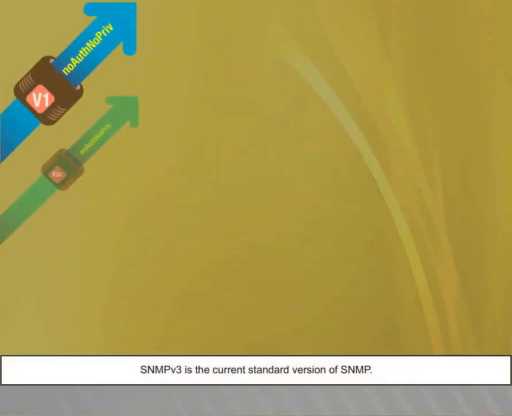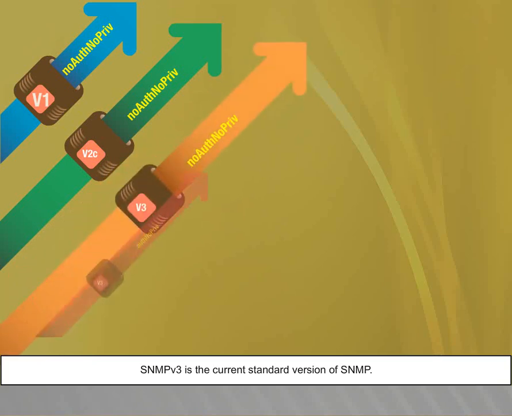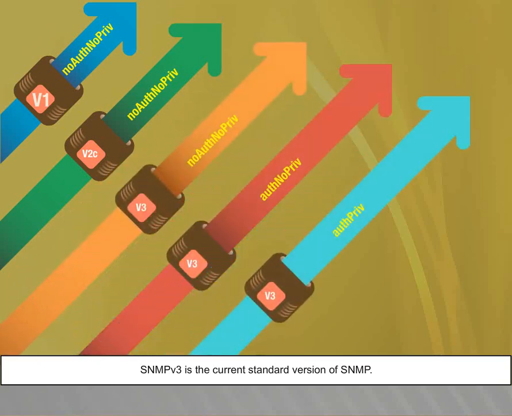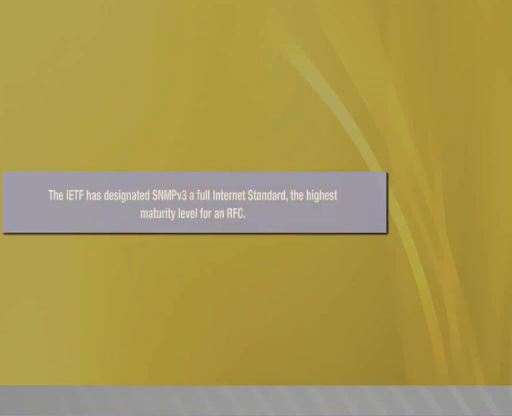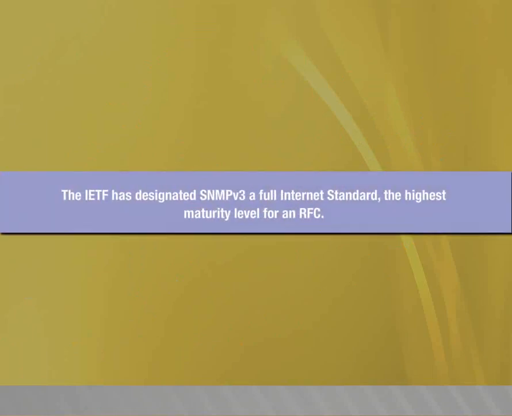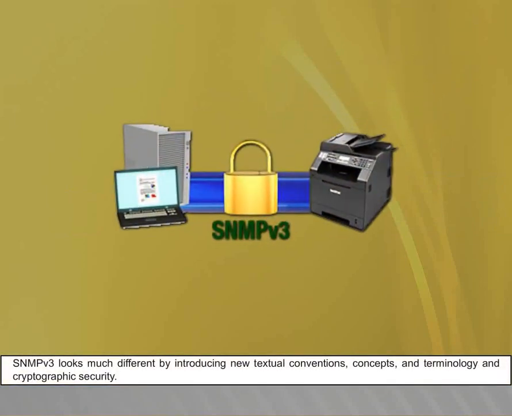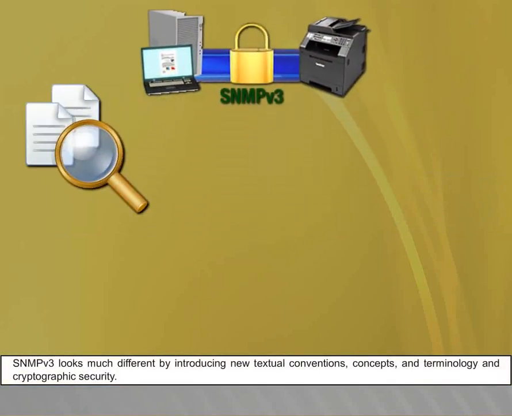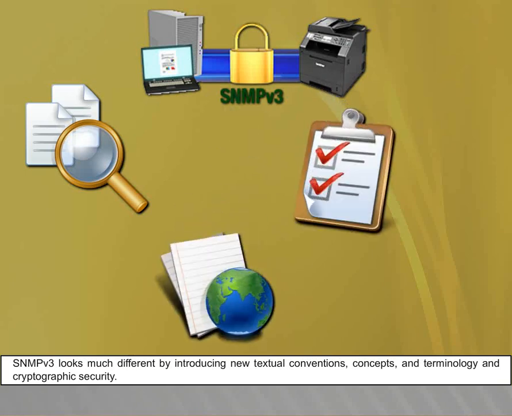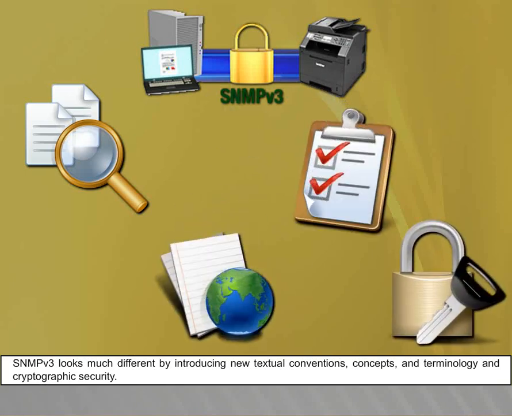SNMP v3 is the current standard version of SNMP. The IETF has designated SNMP v3 a full Internet standard, the highest maturity level for an RFC. SNMP v3 looks much different by introducing new textual conventions, concepts, terminology, and cryptographic security.